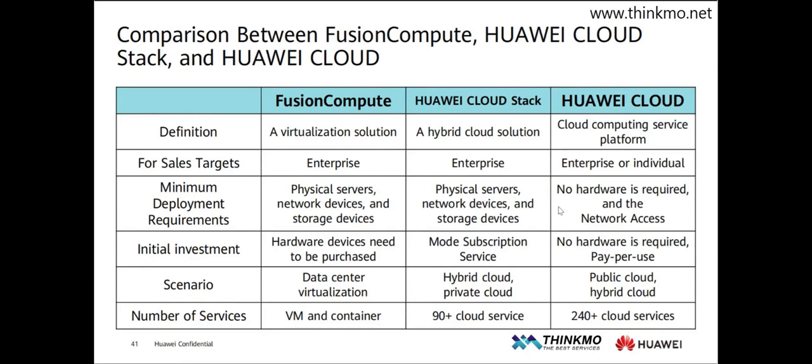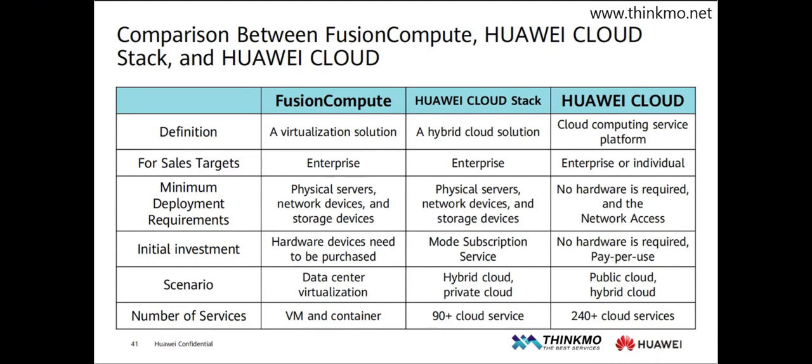The last one, which has been in use for the longest time and is a more mature technology, now supports over 240 different cloud services, offering relatively more support. The software services supported are more extensive. These are essentially 3 different cloud products from Huawei: Fusion Compute, Huawei Stack, and Huawei Cloud. This is a basic comparison of our 3 products.